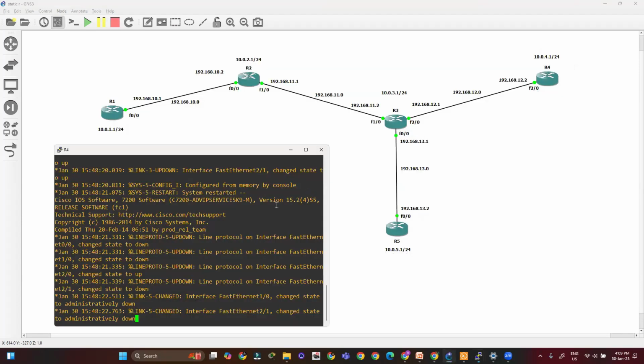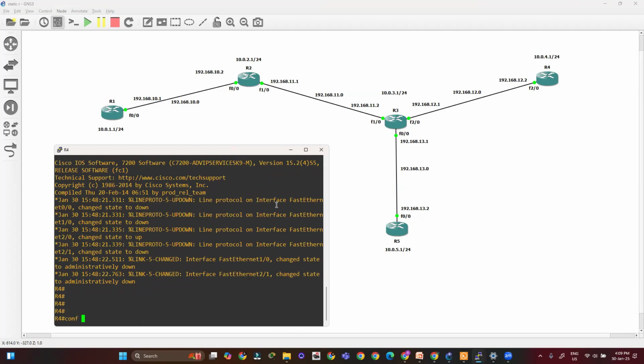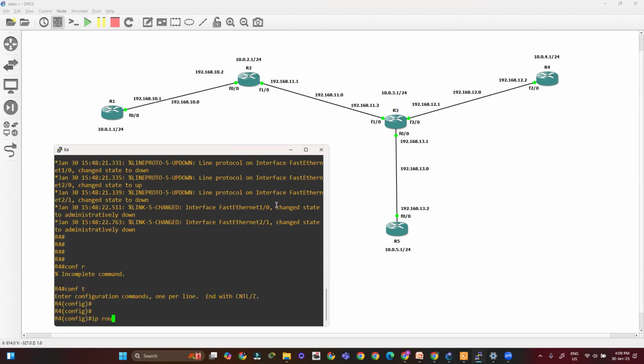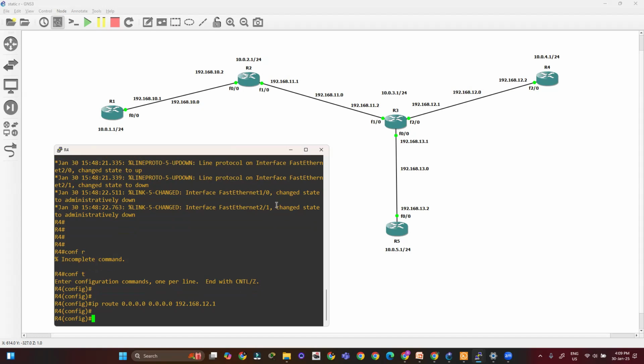So how can we do that? Go to global configuration mode. IP route 0.0.0.0, the subnet mask is 0.0.0.0, and the next hop address is 192.168.12.1. Another one is what?